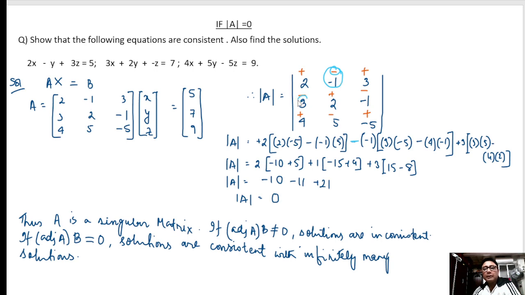You have to take this, this, this and this, and then multiply 3 into minus 5 and minus 4 into minus 1. Next, if you take this part plus 3, then you have to take this part: 3 into 5 minus 4 into 2. So now on calculations we are getting mod A as 0.